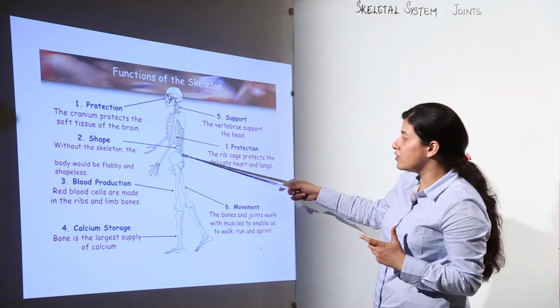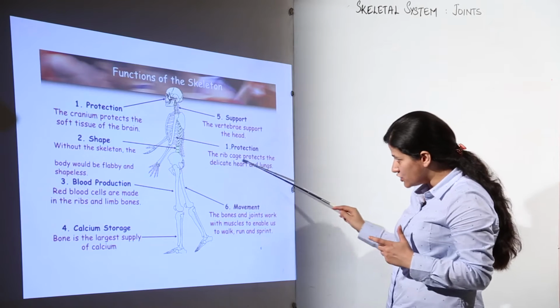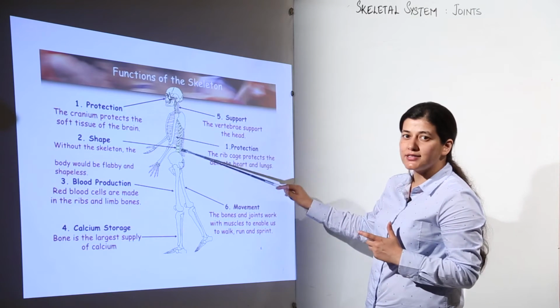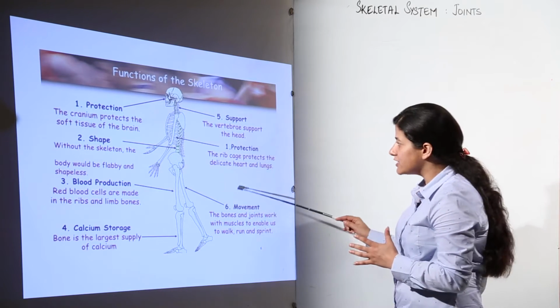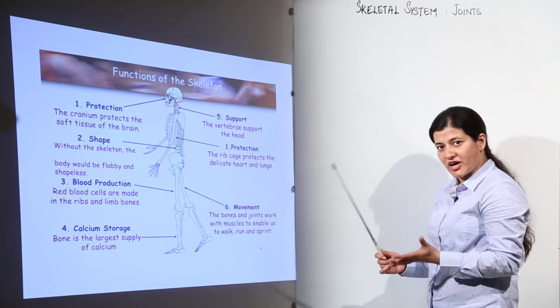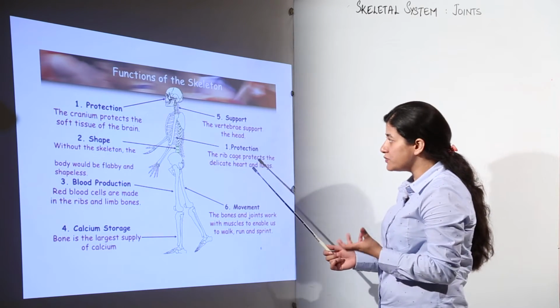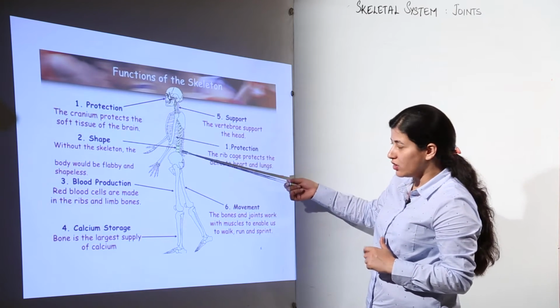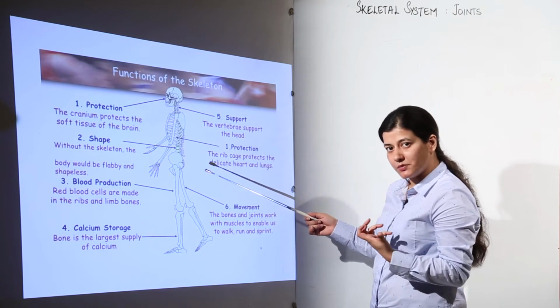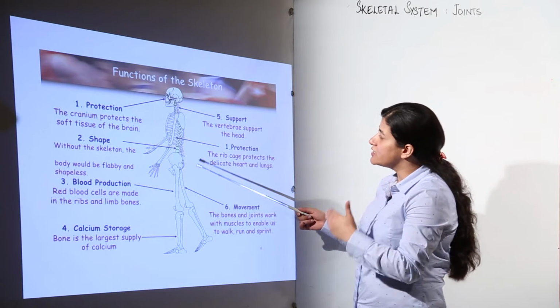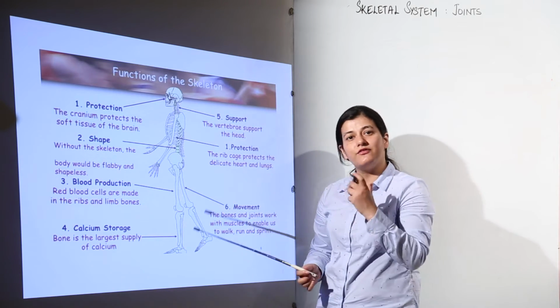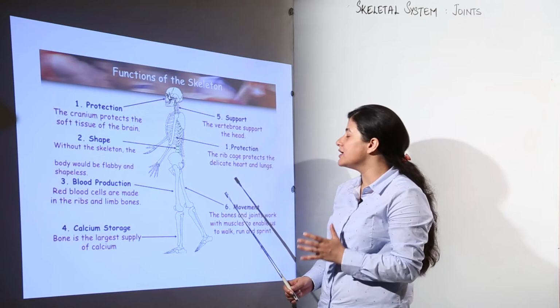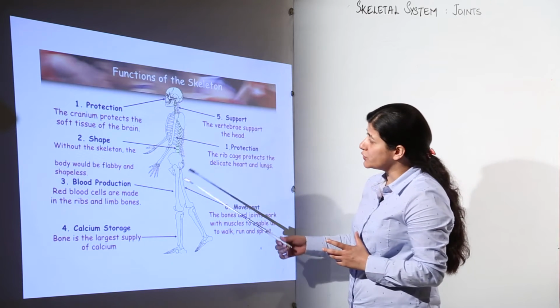In the case of the spinal cord, it is the vertebral column, and what is mentioned over here, the rib cage, it protects the visceral organs like our heart and lungs, which are protected by the rib cage, which acts like a cage and protects the visceral organs, which are very delicate organs, of course. And I did discuss the spinal cord, which is enclosed in the vertebral column, and that vertebral column is very important for providing flexibility as well as protection to the spinal cord.